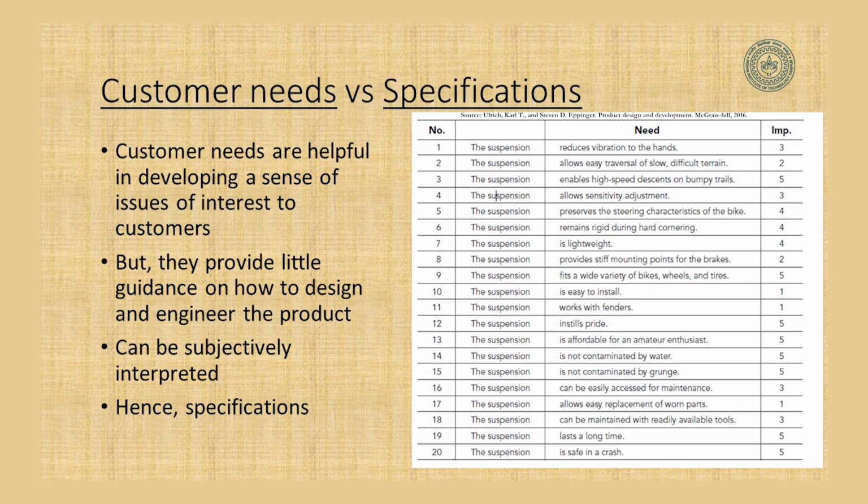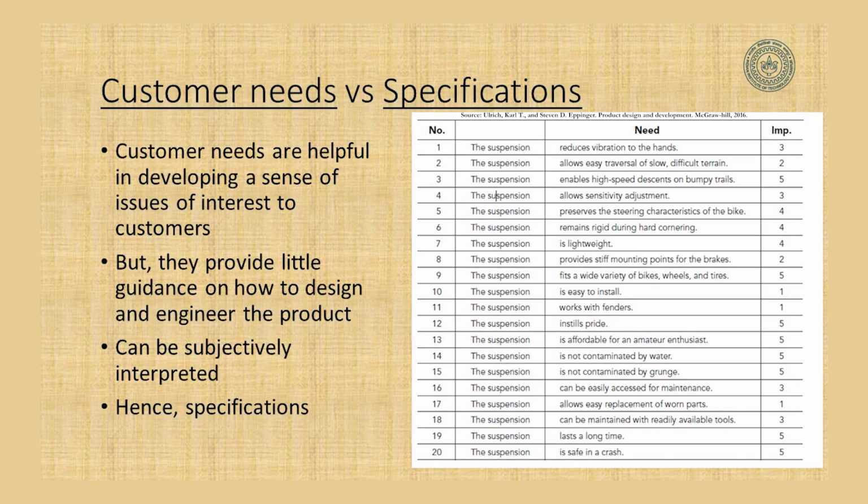For instance, the suspension reduces vibration to the hands, allows easy traversal of slow and difficult terrain, enables high speed descents on bumpy trails, allows sensitivity adjustment, preserves the steering characteristics of the bike, is lightweight. So, these might be customer needs. Customers may have told you that they need all of these features from your suspension fork. Just that one suspension fork, not the entire bike.